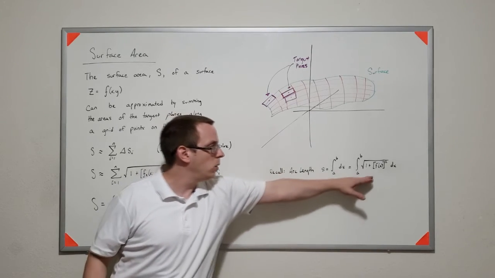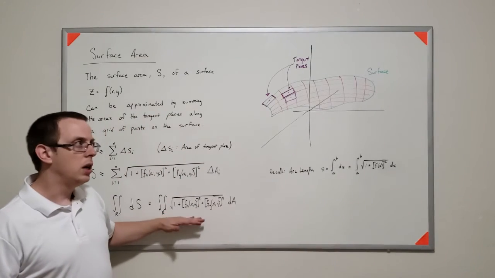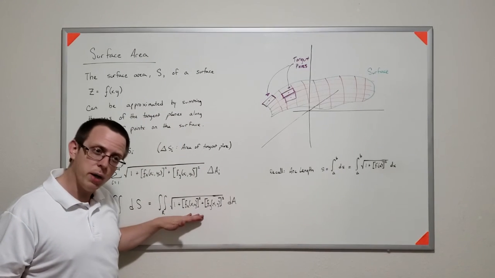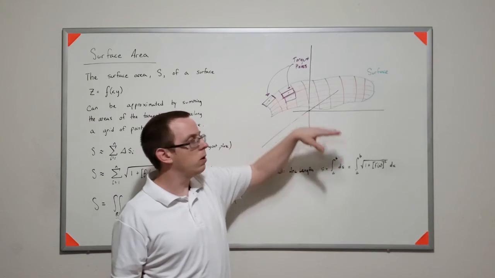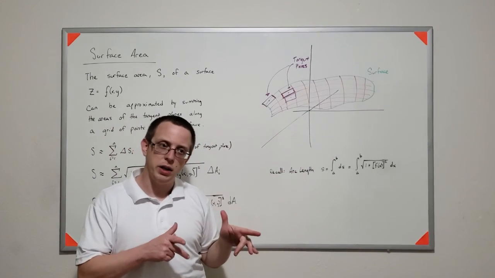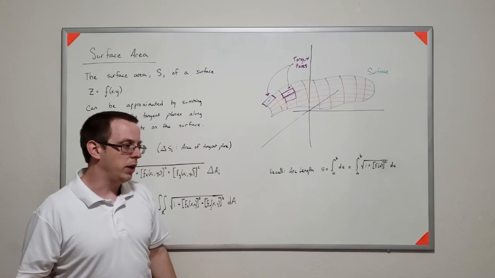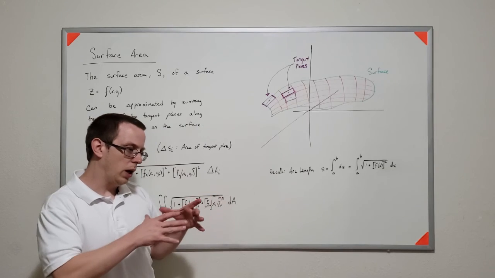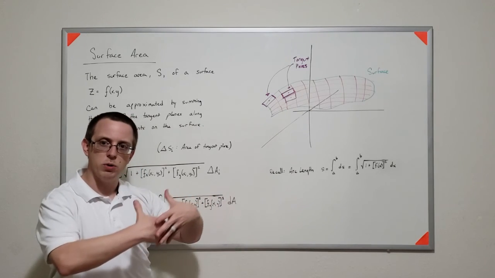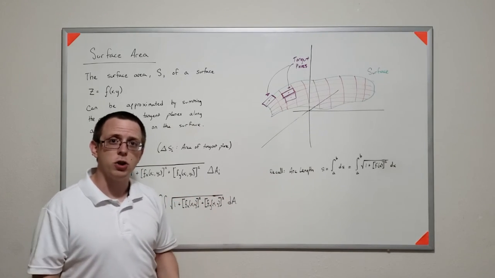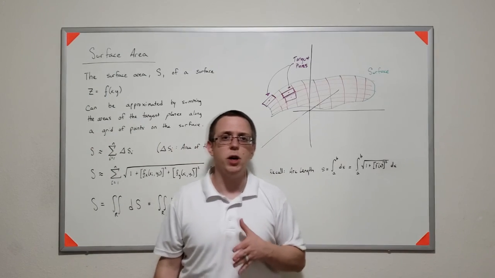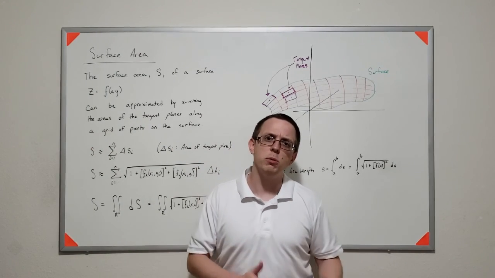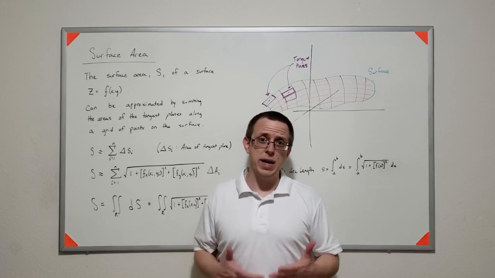It was a triangle in this case, and it's going to be, I think, more like a parallelogram as opposed to a rectangle here. We're going to get the area of a parallelogram, and then we're going to sum all of those up, and that's going to give us our surface. And again, we're going to discuss more in the next video about how we get there, where this comes from, and why we can do this.